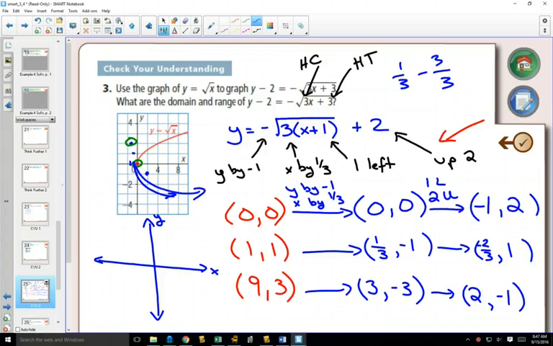Then it gets moved up 1, or sorry, left 1, up 2. So it makes sense that that's the shape of our graph. Especially the reflections is what you're going to have to look at for figuring out the shape. So now that we've thought about each of those things, we know that the shape of our graph needs to look like that.